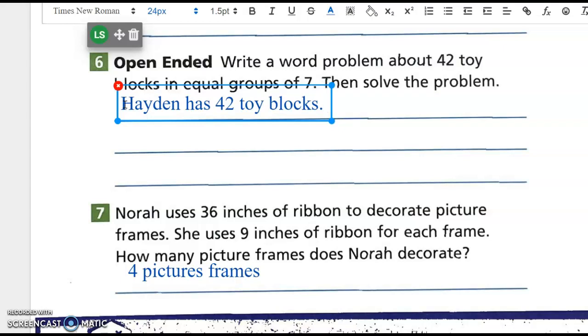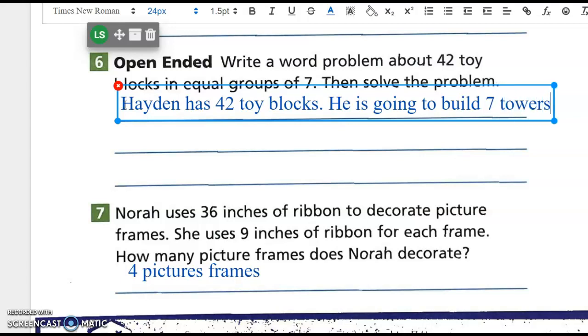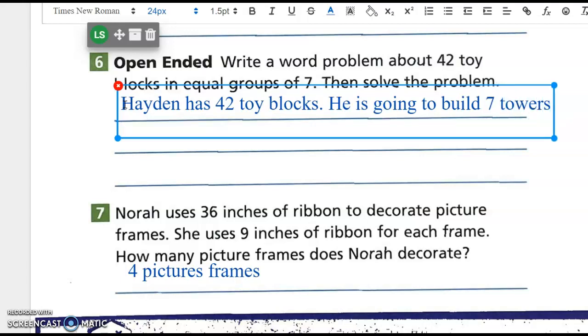What do we need to show? Lexi: He is going to build a tower. Is that going to give us 7 groups? Yeah. Okay. He is going to build 7 towers.